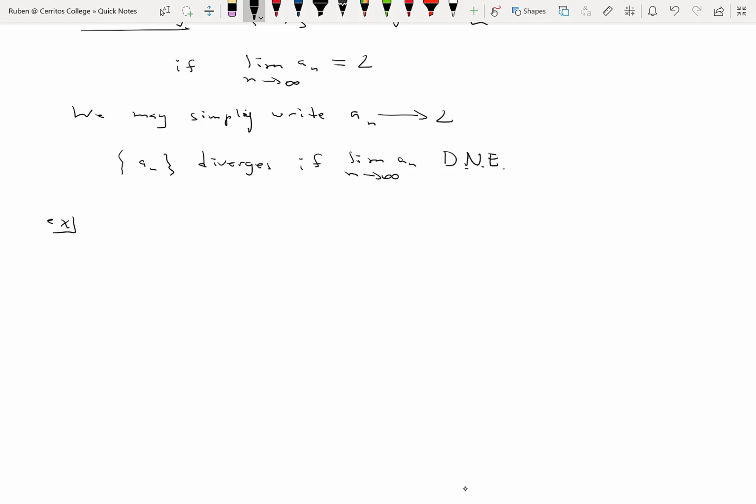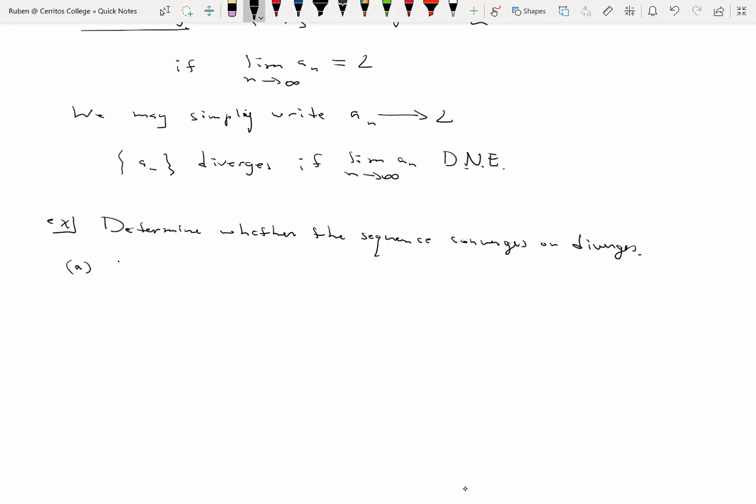So, for example, determine whether the sequence converges or diverges.